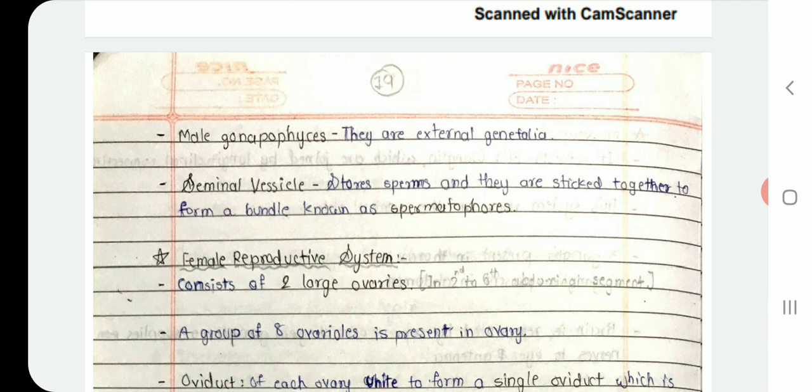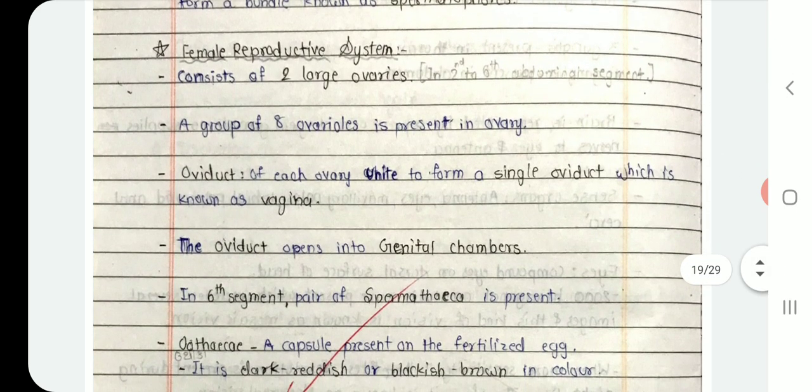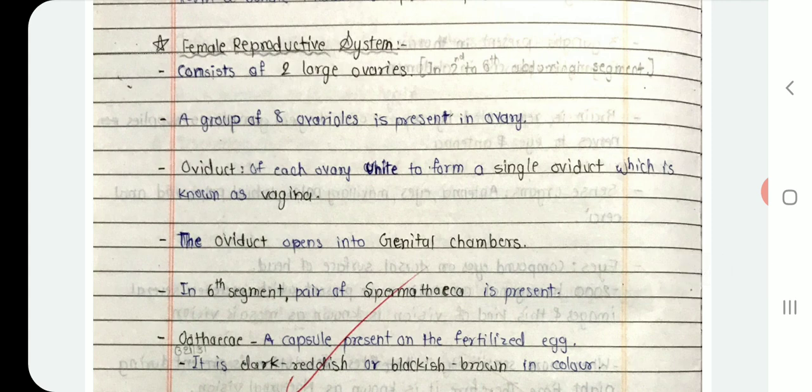So this is all about the first system, that is the male reproductive system. The second is the female reproductive system, and in the female reproductive system there will be two large ovaries, right? These two large ovaries are present in the 2nd to 6th abdominal segment.